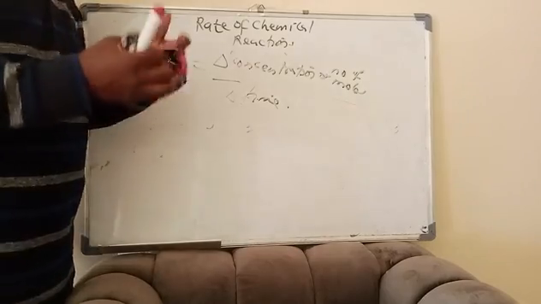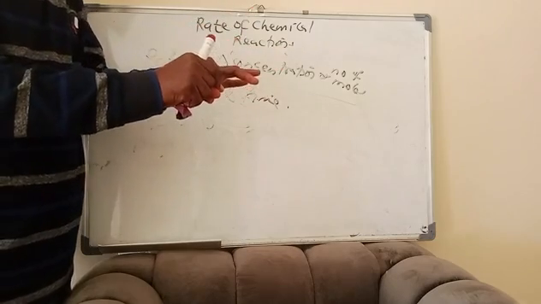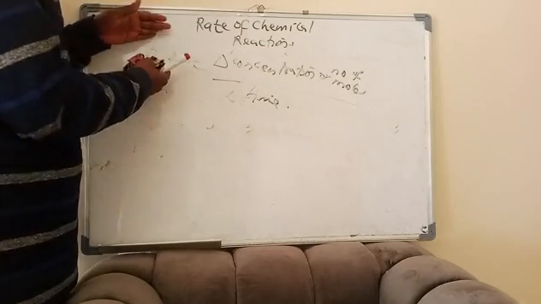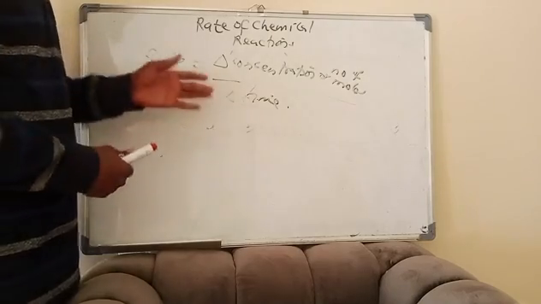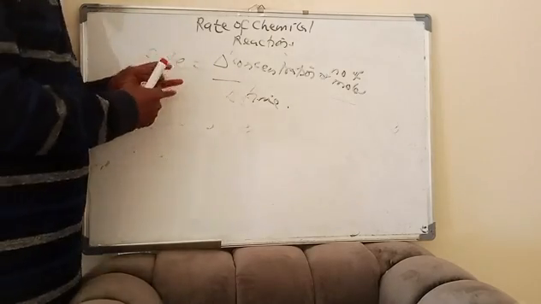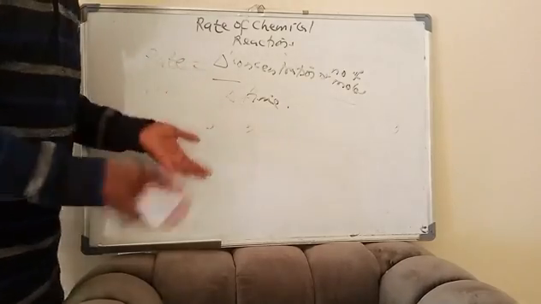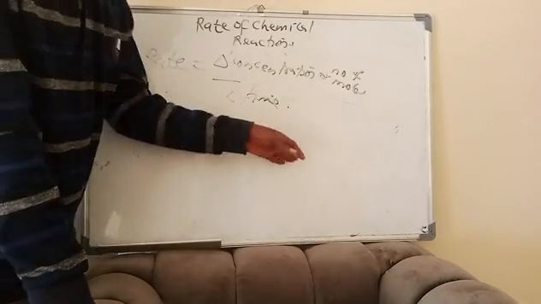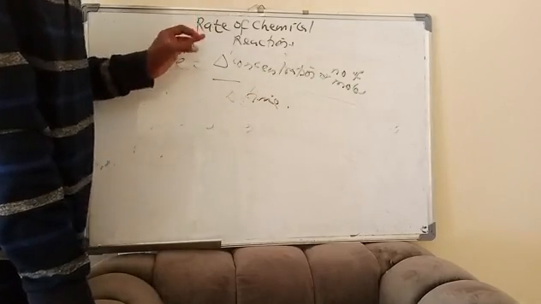When we divide the change in concentration within a certain time interval by that time interval, for instance, in an experiment when we're trying to determine the rate of reaction, we start with a certain quantity of the reactant, then we take note at time zero. After some time, let's say after 5 minutes, we check again and take note of the amount, whether in concentration or in the number of moles of the reactant that we have.